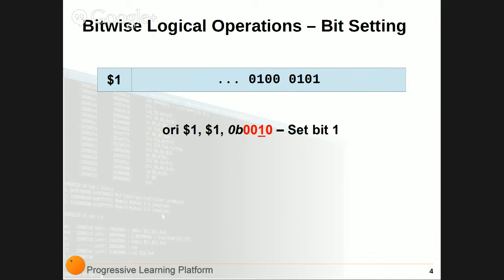So what do you think will happen if we execute this instruction? What will happen to the value in register 1? 0, 0, 0, 0, 0, 0, 1, 0? No. Just flip bit 1 on. Yeah, bit 1. Okay, we'll just flip it and leave the other ones there.